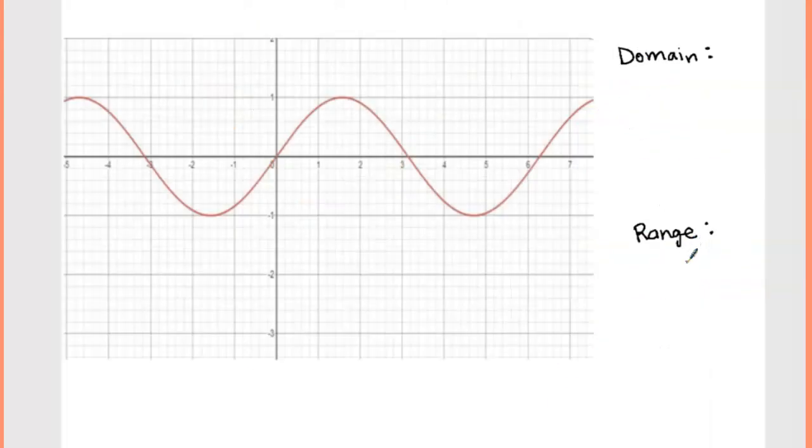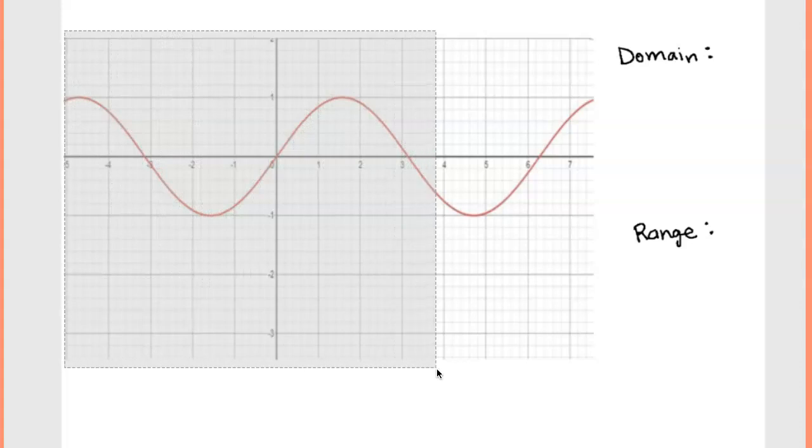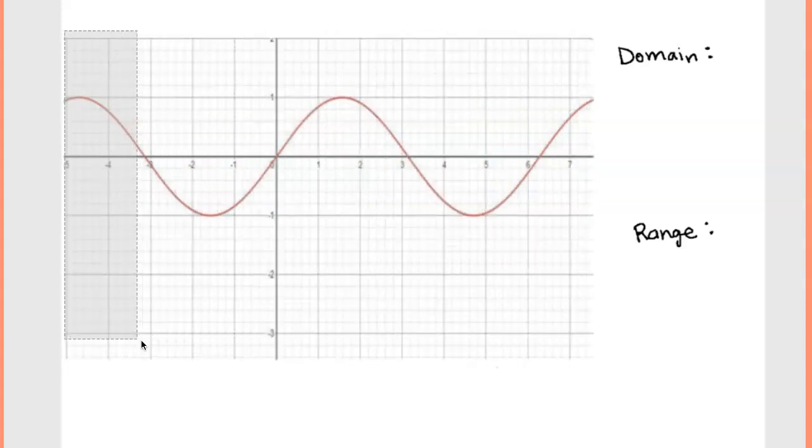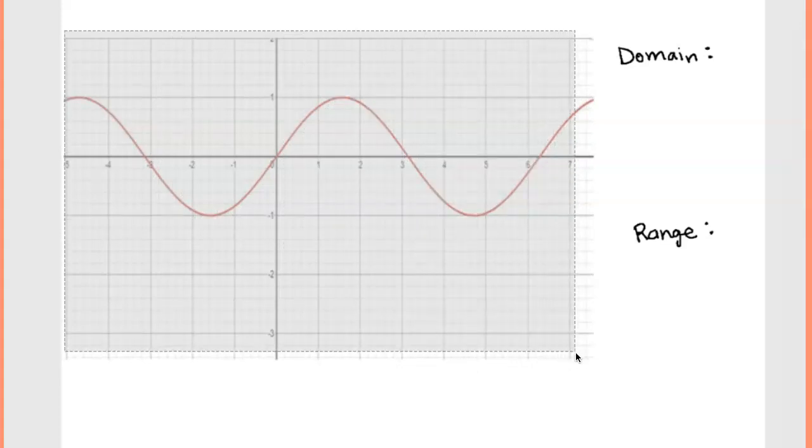Let's look at this sine function here. We are looking for our domain. We scan from left to right. We are touching it all the time. You're rolling your pencil, your highlighter, you're touching it all the time. So it covers everywhere. So it's similar to what we have been doing in terms of the domain.